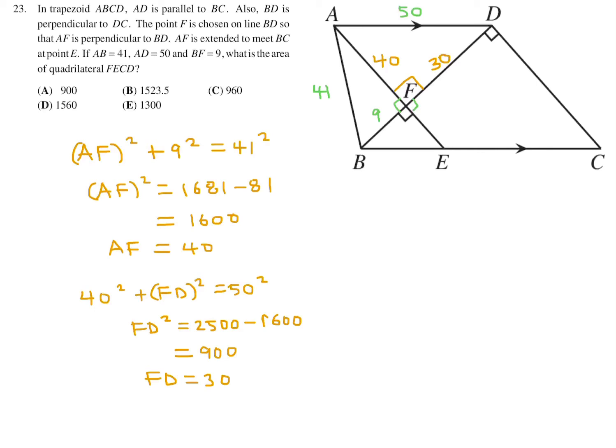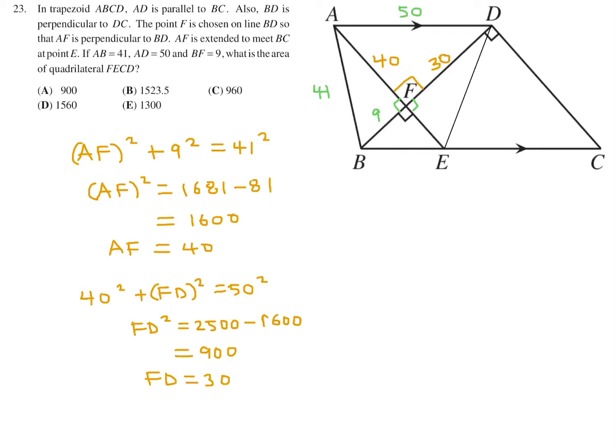And then now I'm going to connect a line. It might not seem necessary, but just to look at this a little bit better, D to E like that. And what I'm going to use next is a relationship between the diagonals of that shape.